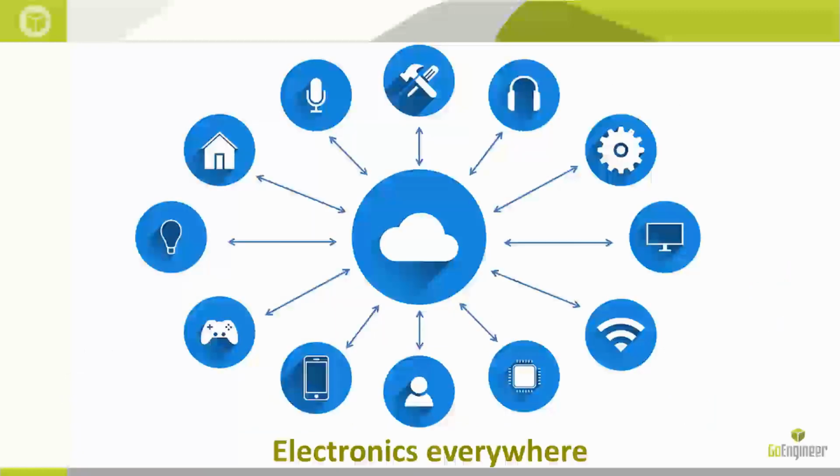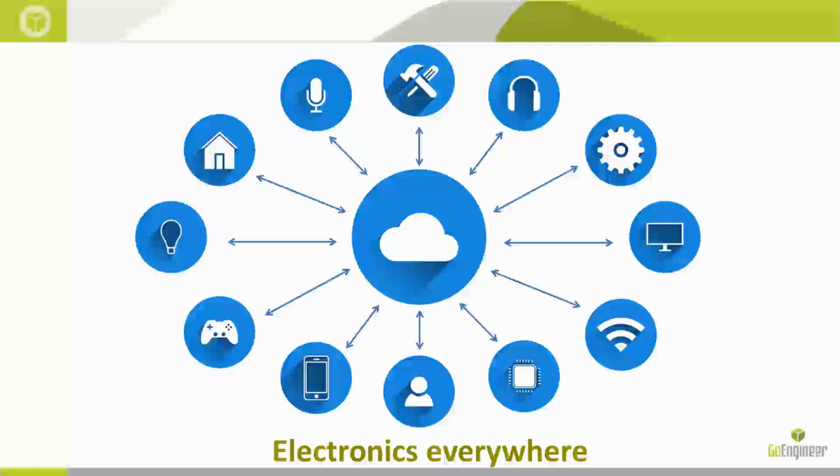It's the age of the Internet of Things, what they call Industry 4.0, where devices are connected, they're simpler to use, but what that means from a designing perspective is that they're more complicated to design on the back end.